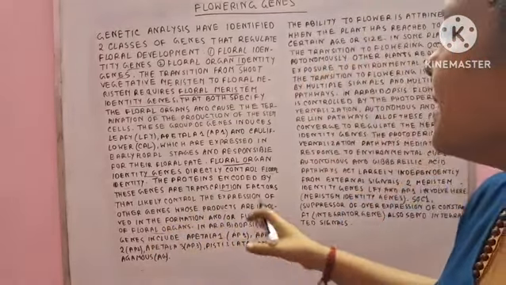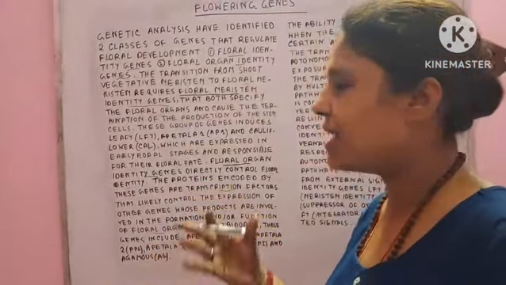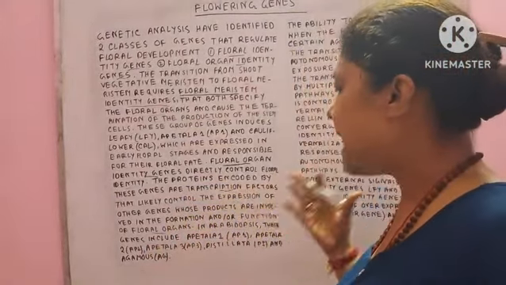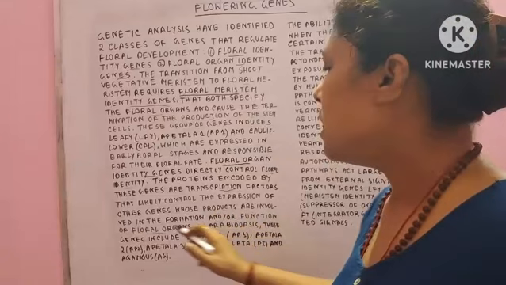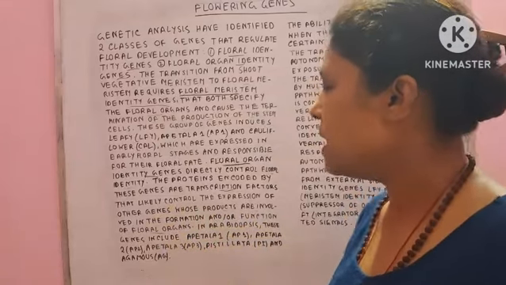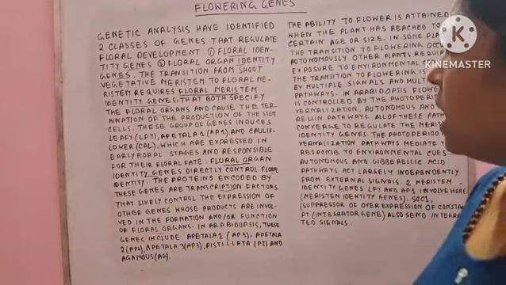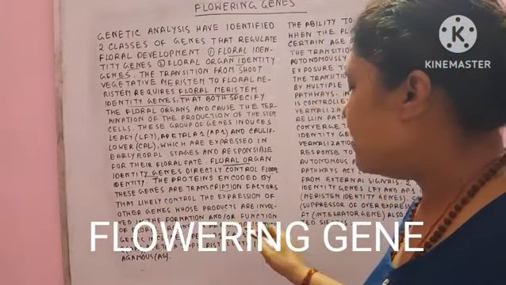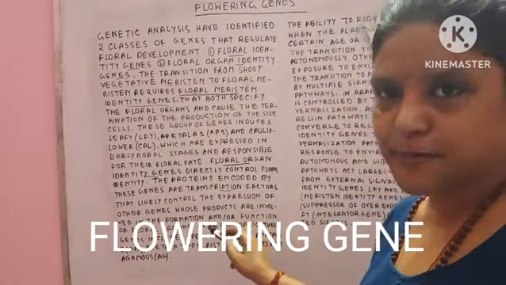So you all know that by the process of transcription, the expression is occurring, and in that way the formation of the floral organs is done. Okay. So in the case of Arabidopsis, this is one kind of plant species.